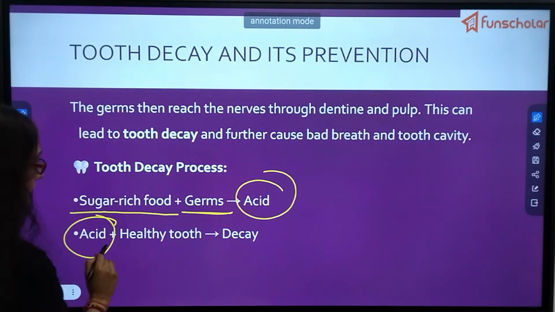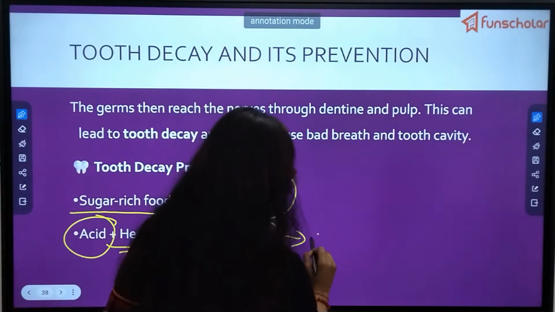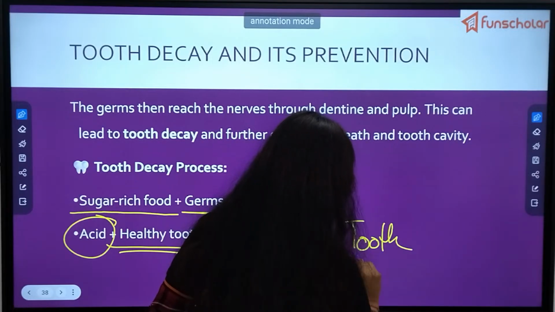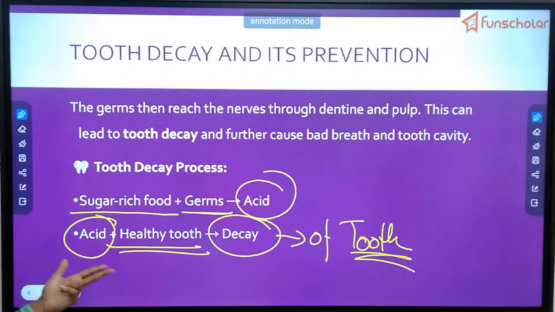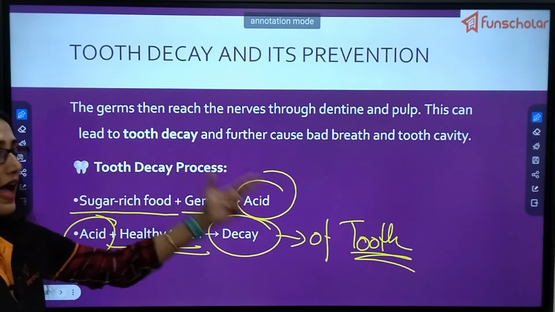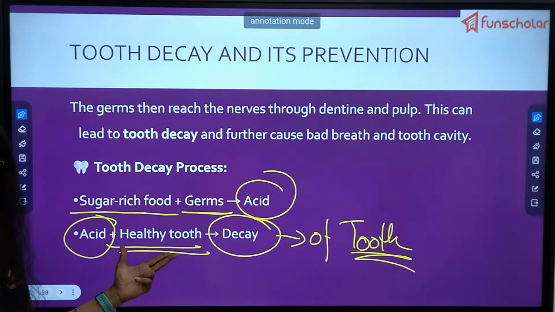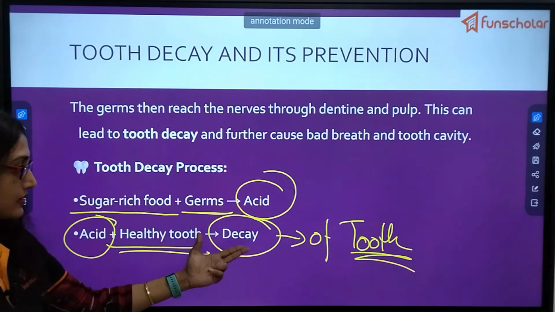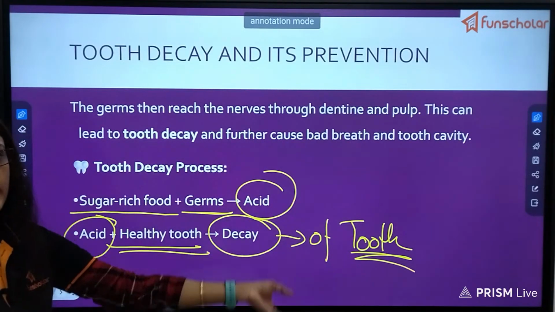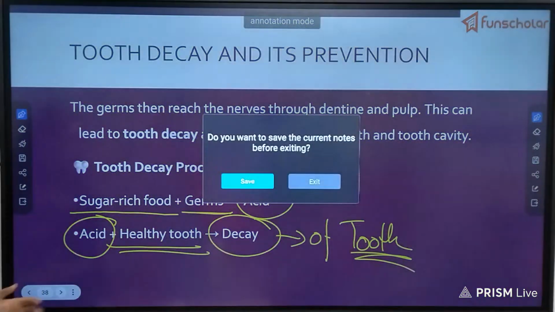Acid plus healthy tooth leads to decay of what? Decay of tooth. Right? This only I have taught you. Sugar food and germs will form acid. Acid will attack where? Your healthy tooth, and your teeth will start decaying. And ultimately cavity, plaque and the tooth decay, and ultimately it will fall off along with pain.